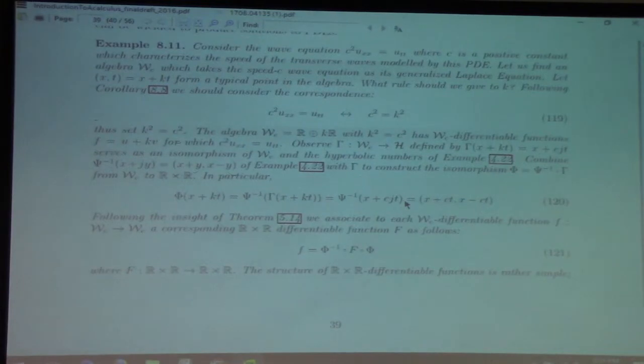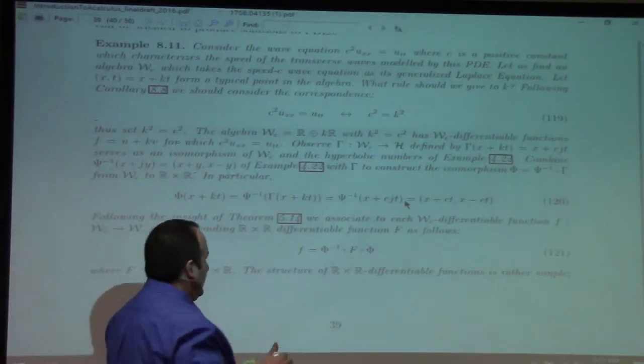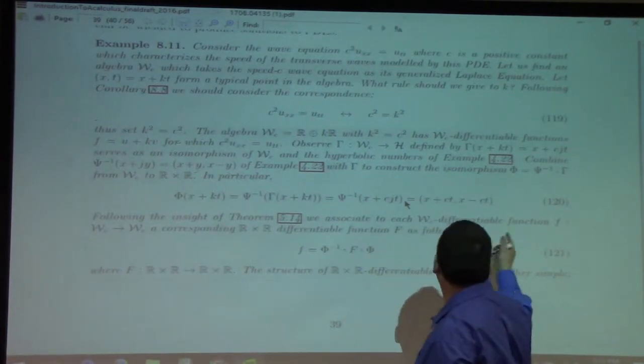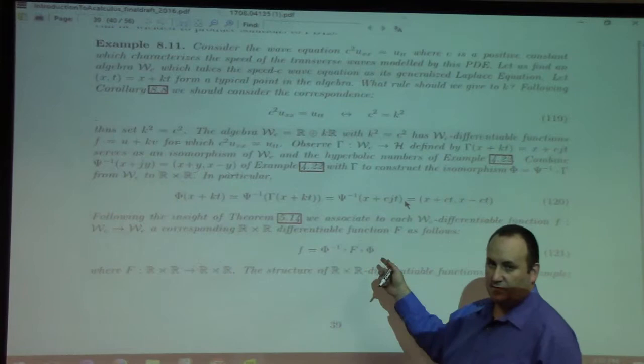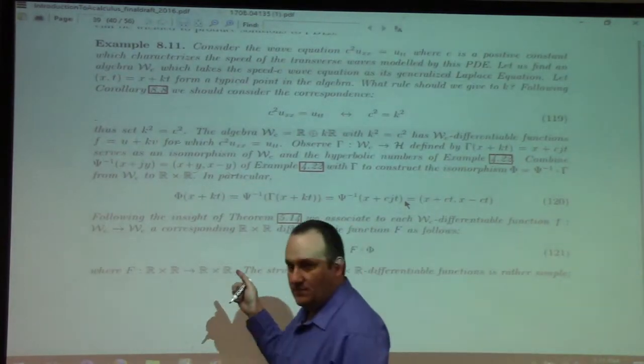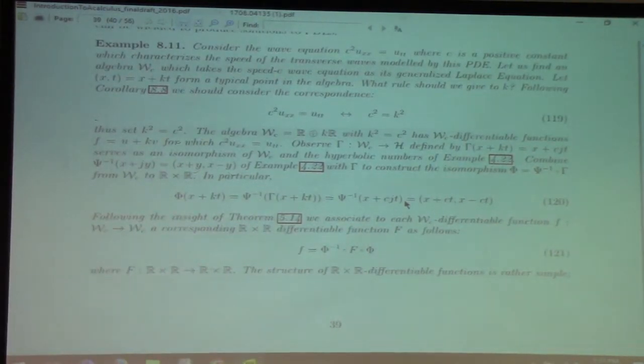I guess I should call this big F. I can take an arbitrary R cross R differentiable function and map it back to what an arbitrary WC differentiable function looks like. And so by doing that, I get my F from WC to WC being phi inverse composed with F composed with phi, right? So what's that look like?